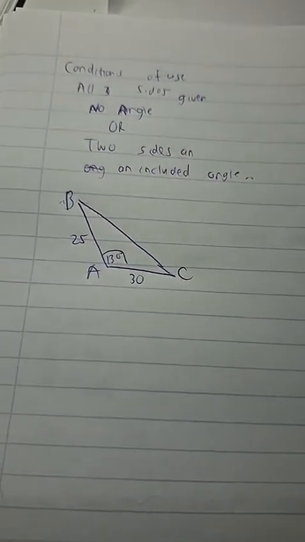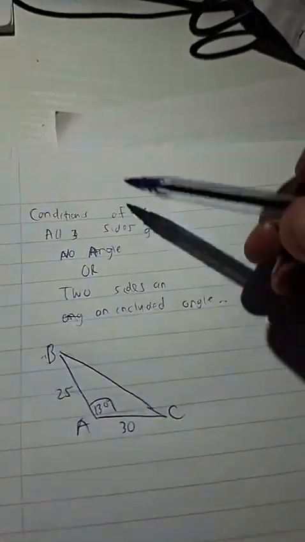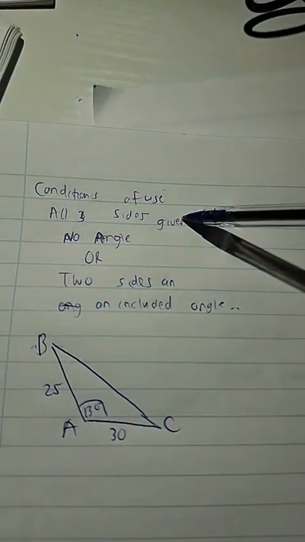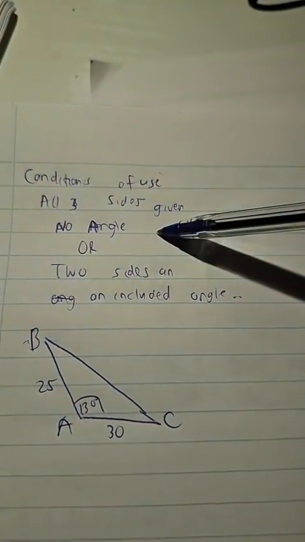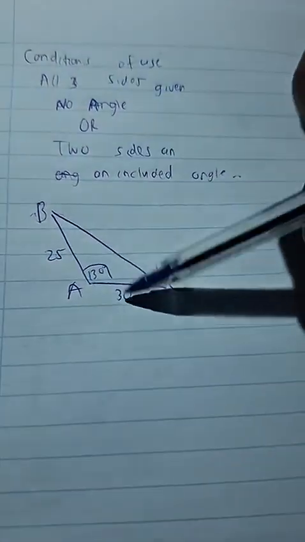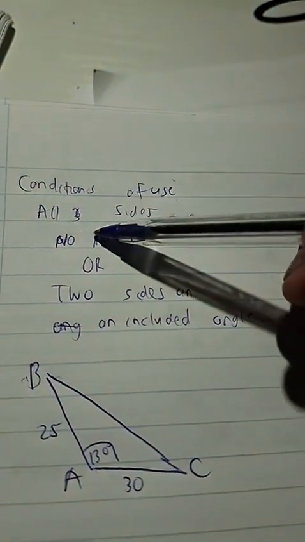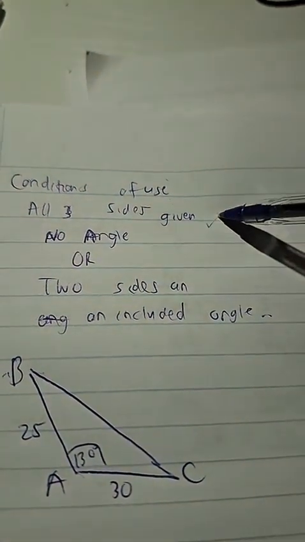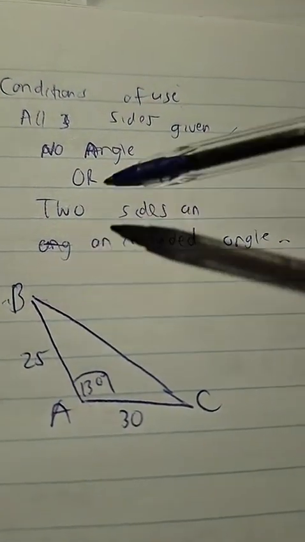Just remember, what did we say are the conditions of use of the cosine rule? All 3 sides must be given. In this situation, this is 25, this is 30, the third side is not given. So this condition doesn't fly, and therefore we can't use the cosine rule this way. Let's move on to the second condition.